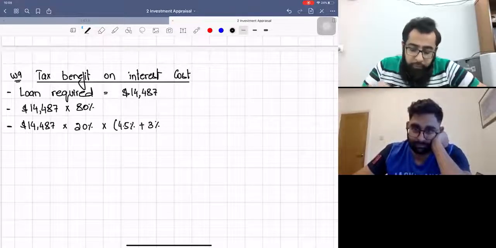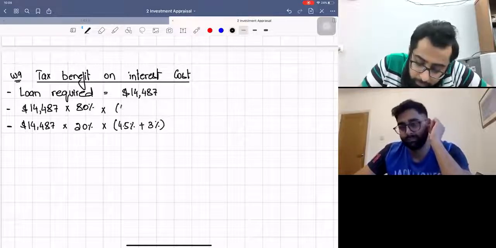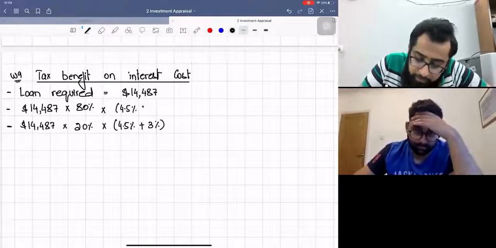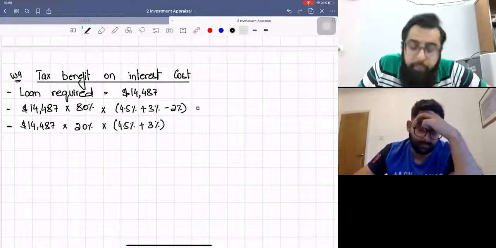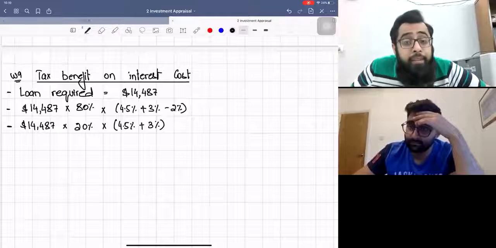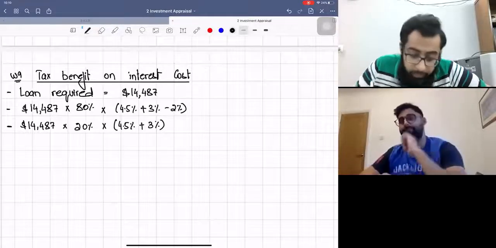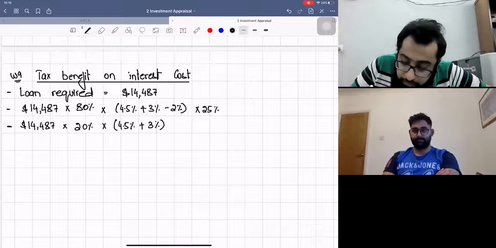So 4.5 plus 3% is my normal borrowing, and in case of government borrowing, it will be 4.5 plus 3 minus 2%, so 5.5. That will be my interest expense. I want the tax benefit amount, so I will multiply it by 25%.